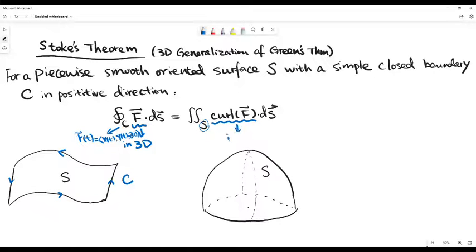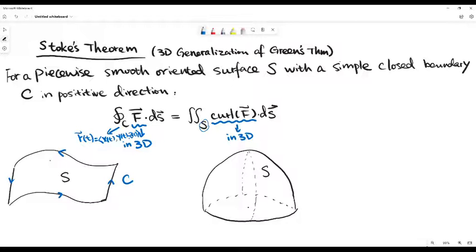Remember, a curl of a vector field is always a vector as well. So that's also in 3D, right? So we're looking at the flux of the curl vector across a surface S, which is the same as the circulation of the vector field itself along the closed curve C. So that's the Stokes theorem.